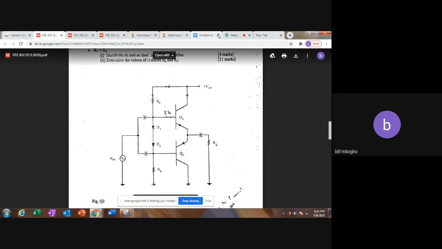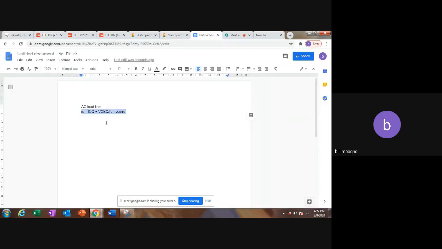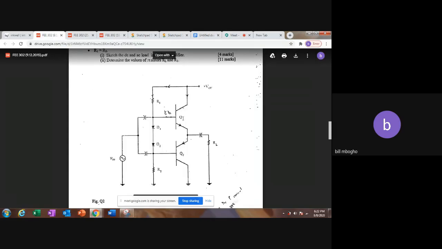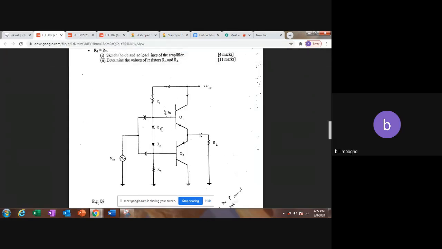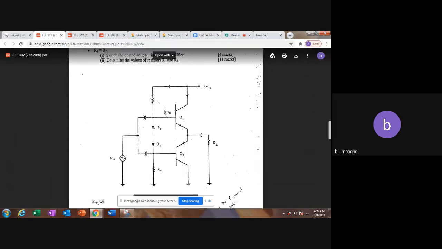That's why we end up getting that VCEQ is equal to VCC over 2. Why? Because there's nowhere else that the voltage can drop.